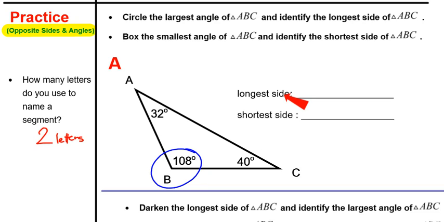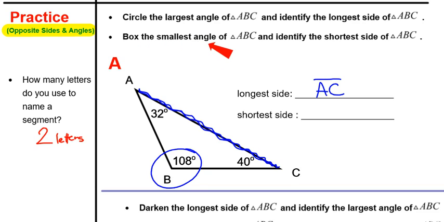So we choose the side that does not touch the blue circle, and that would be this side right here. Those are what we call opposites of each other. And so we would name that side AC.